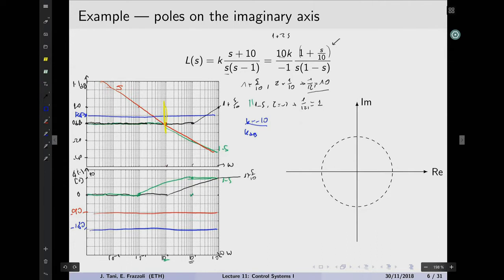So we will go up to here. If you notice, the main contribution is given by this red term. So it's basically this red term translated above by some quantity of k dB. So up to here, it will go like this. And here we have these two terms, the red and the green, that will start contributing with a minus 20 dBs per decade.